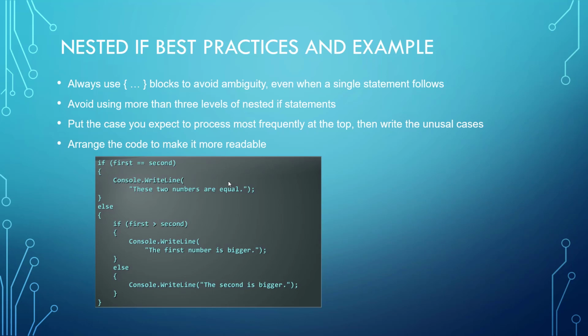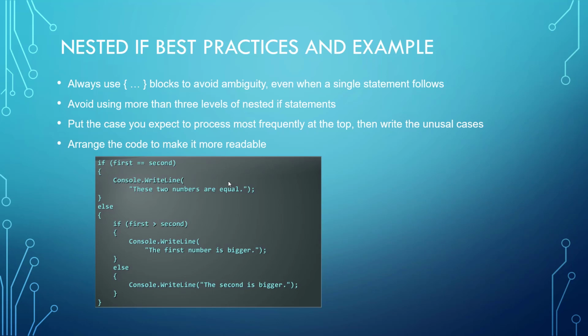So, just like I talked about, there are some best practices. We always want to use blocks. So use these brackets to signify a block of code, because it avoids ambiguity. Even if there's only a single statement, it's a good idea to go ahead and surround it with brackets in a block of code.